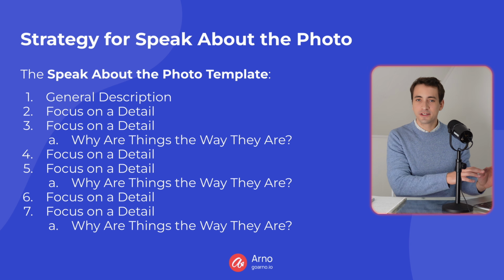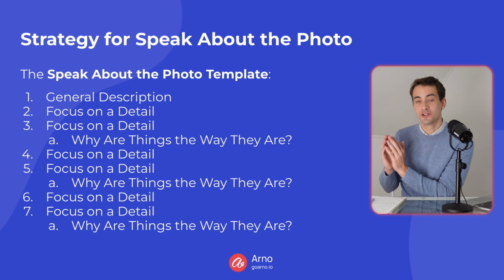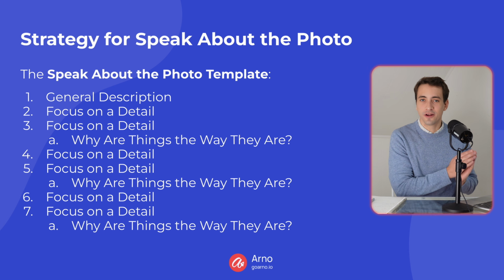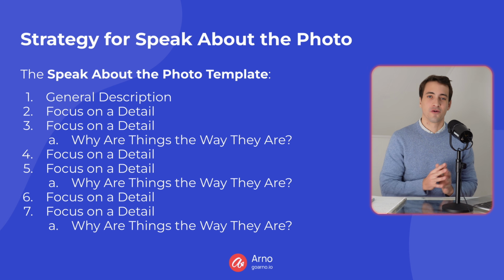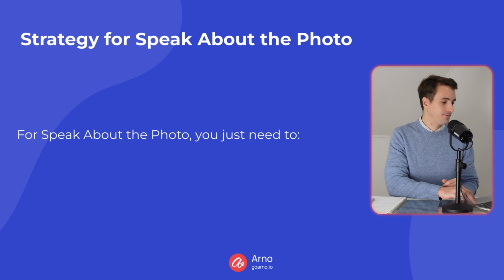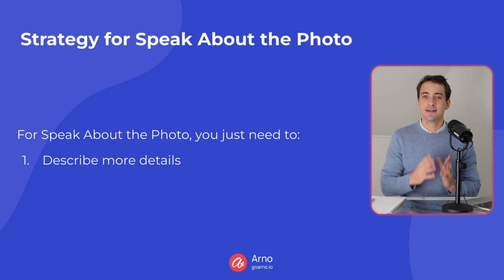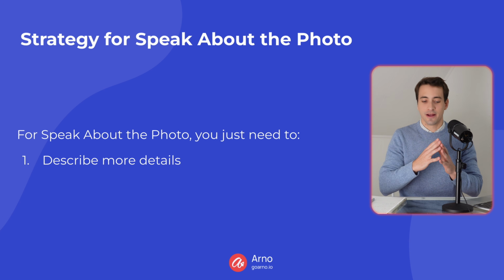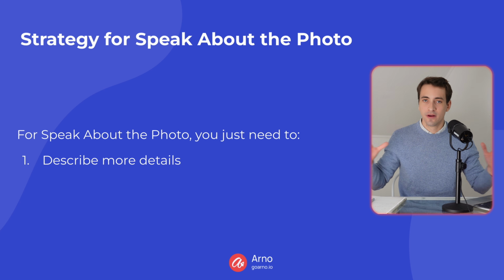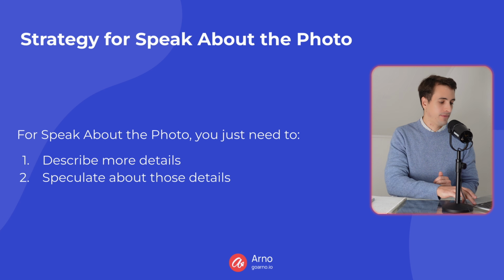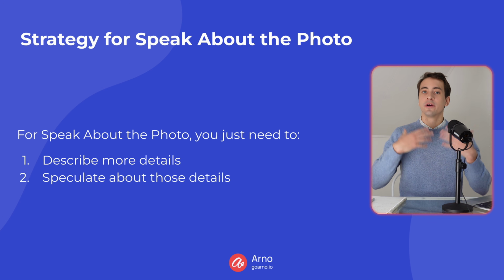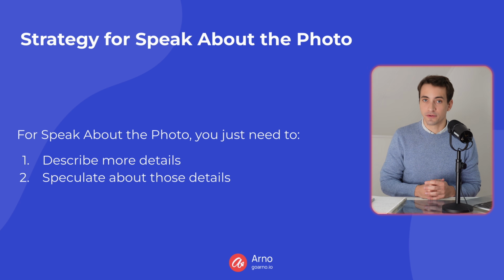I hope it's clear that how you approach Speak About the Photo questions is very similar to what you have already mastered for Write About the Photo. The only difference is that for Speak About the Photo, you need to describe more details in order to fill up those 90 seconds, and then you're going to speculate multiple times about different details.